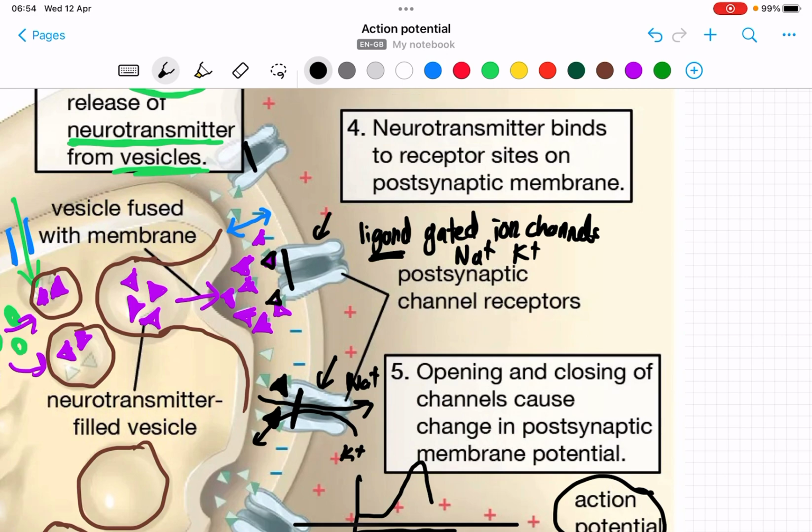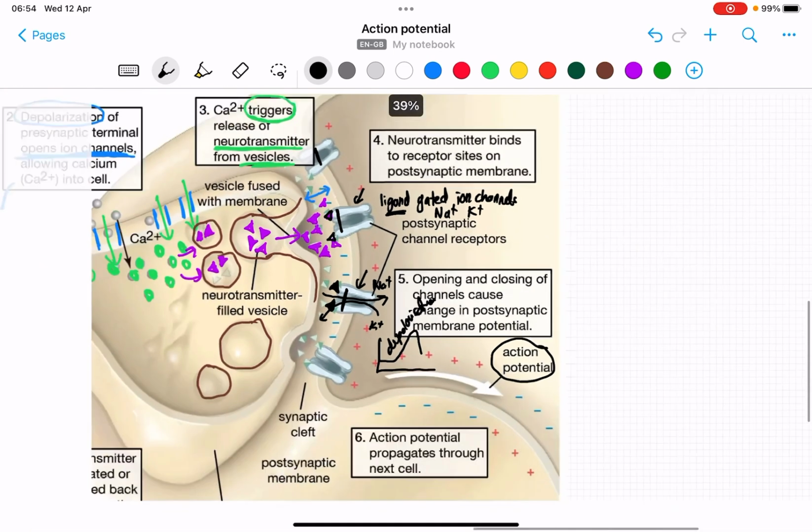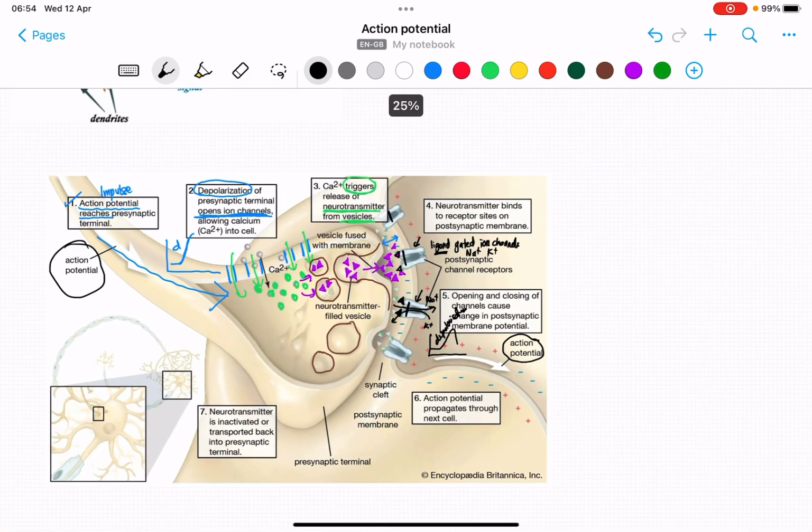So once the neurotransmitter binds, it's going to open up the ligand-gated sodium channel and allow sodium and potassium to move in and out, and depolarization takes place. So action potential, before this it's here, now action potential arrives here. So basically we want to transfer the action potential from one point to another point.